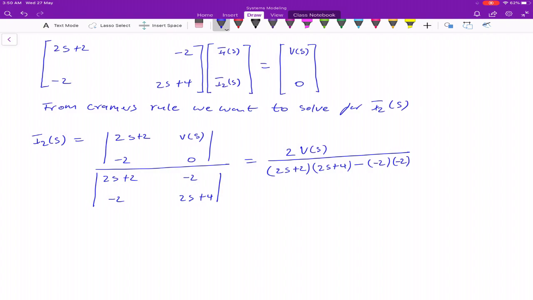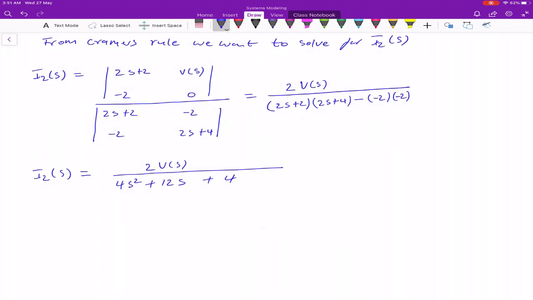I'm going to rewrite it here. So I2 of s is equal to, you have 2 times vs over, if you expand that, you're going to have 4s squared plus 12s plus 4, okay?